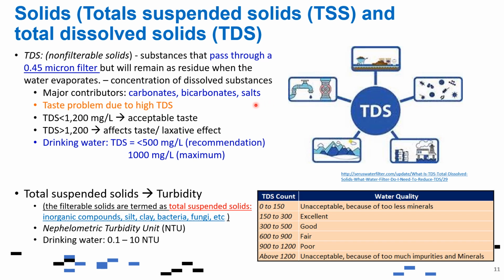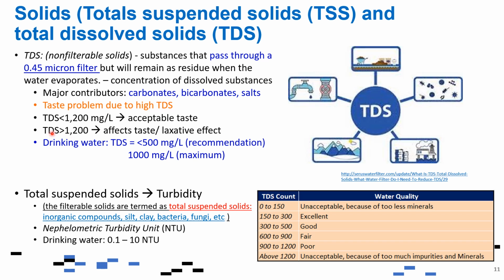But it doesn't really say that it's automatically harmful. It could be an indicator. In general, even at high TDS, it's not really too harmful for the body, but it could affect the taste, or it could have a laxative effect. It means that you go to the toilet many times.